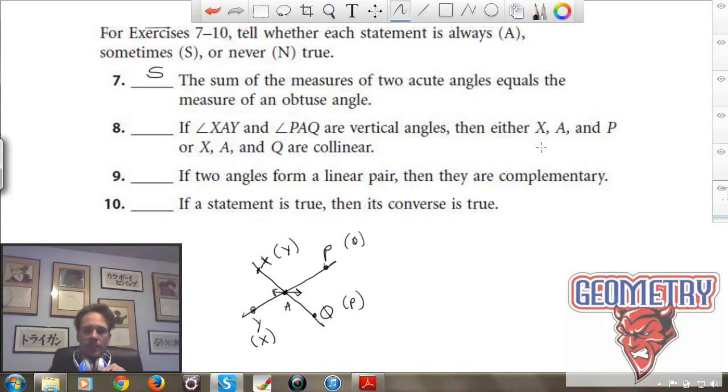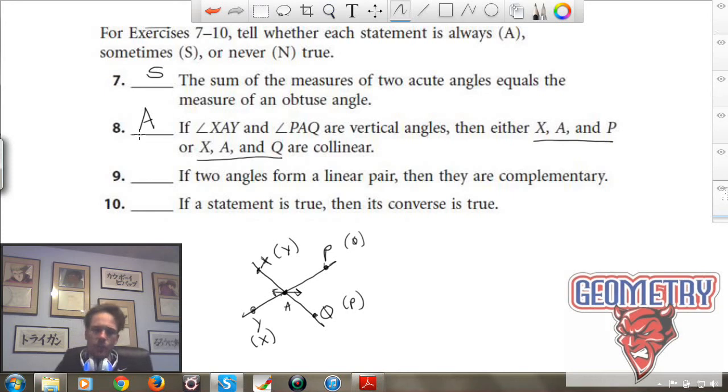So it says either XA and P are collinear or XA and Q. So here we have XA and Q, and in this situation we have XA and P. So no matter where we put those letters, if we flip-flop one or flip-flop them both, one of those two situations is always going to exist. So that would be an always.